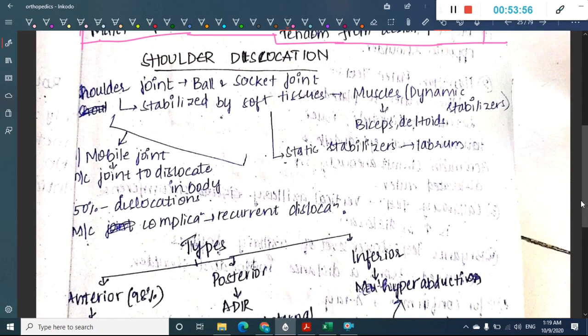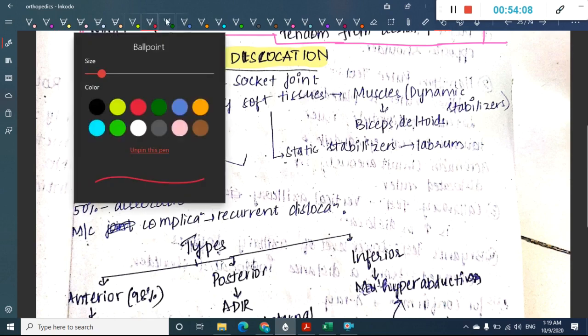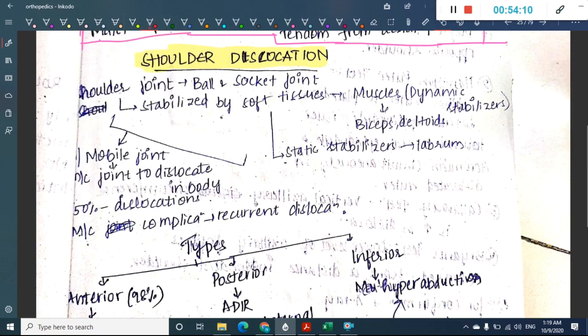Then we have to see shoulder dislocation. Let us first learn about shoulder dislocation. The shoulder joint is a ball and socket joint, and this shoulder joint is stabilized by soft tissues, which include muscles like biceps and deltoid, which are dynamic stabilizers, and also by static stabilizers, which include the labrum.